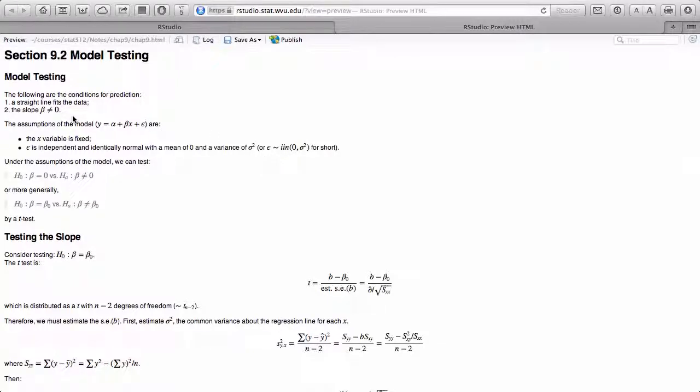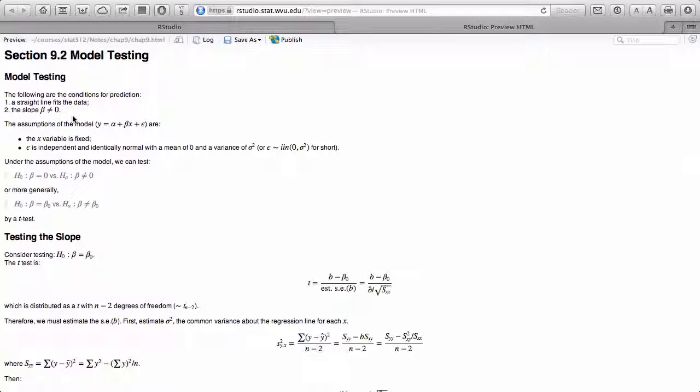Basically, if you're going to predict, you want the slope to not be 0. If the slope is 0, then the prediction is always what? Even if beta is 0, the b wouldn't quite be 0 because of random variation.